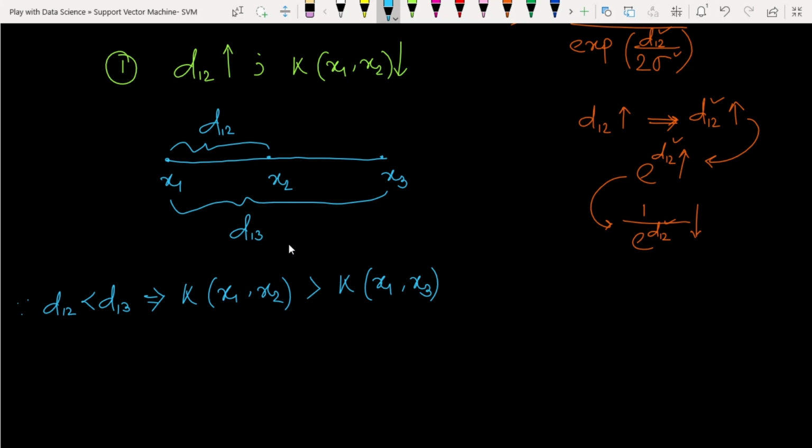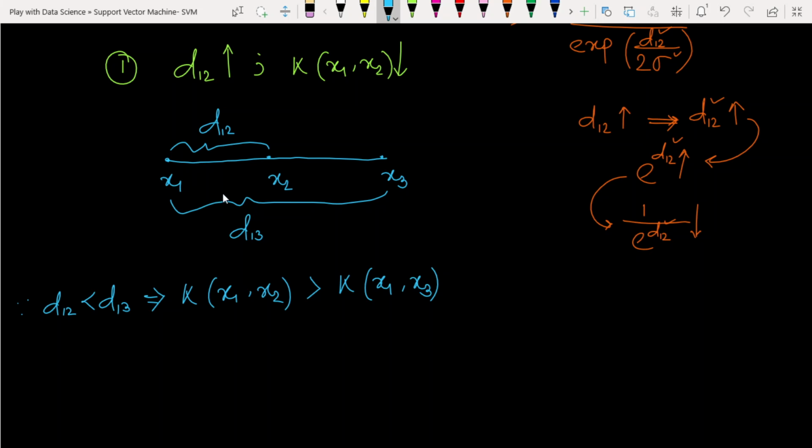So if you just see this thing, the distance between x1 and x2 is closer than the distance between x1 and x3. So the similarity of x1 and x2 is more than the similarity of x1 and x3.